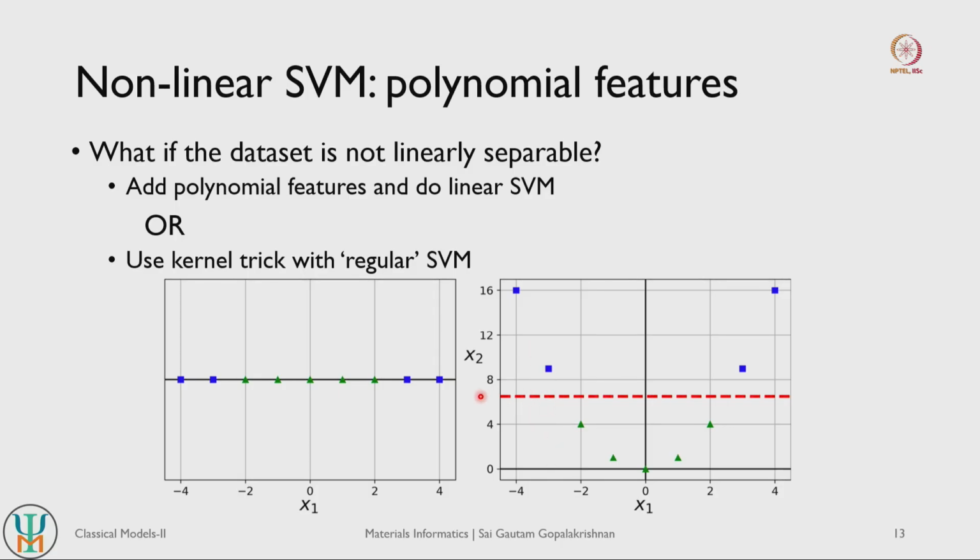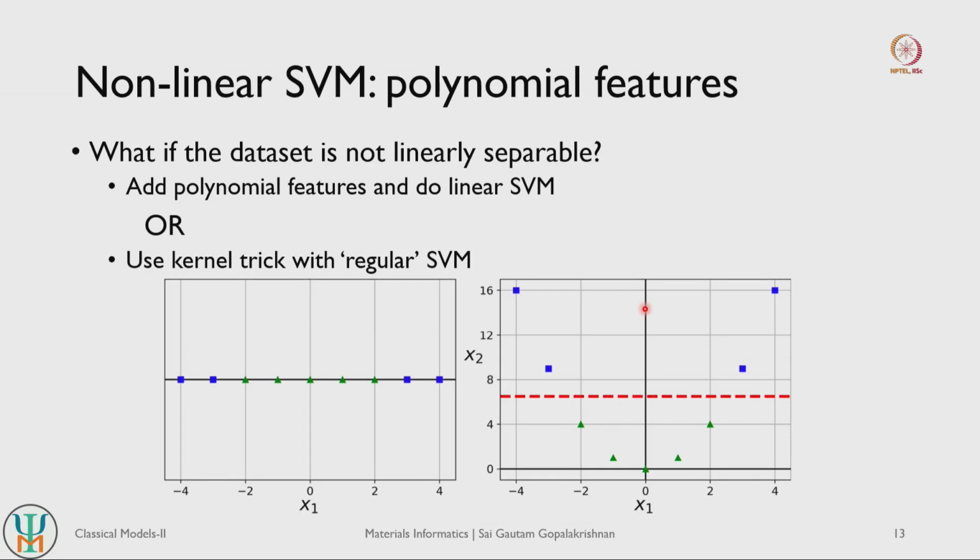So basically if I say for all values of x2 greater than 7 my points are blue, and less than 7 it is all green, then I see a perfect classification, right. So all my green points are below and all my blue points are above, right. So this is one way of getting around a non-linear data set. So we calculate or add in polynomial features into our data set itself, and we do a linear support vector machine model.